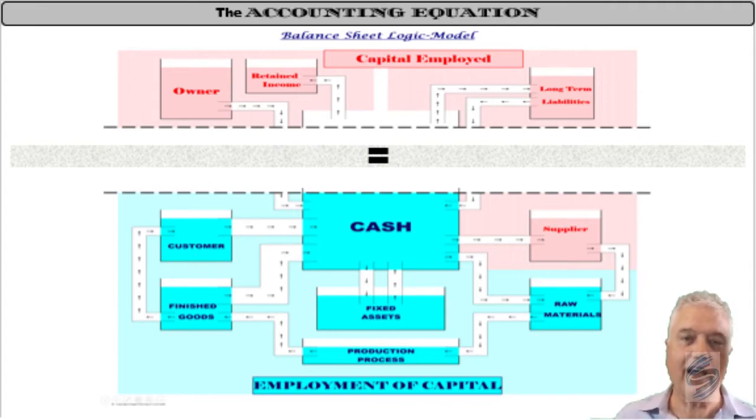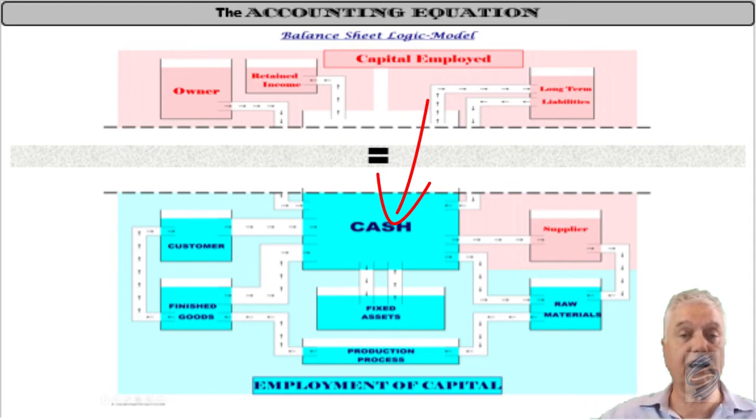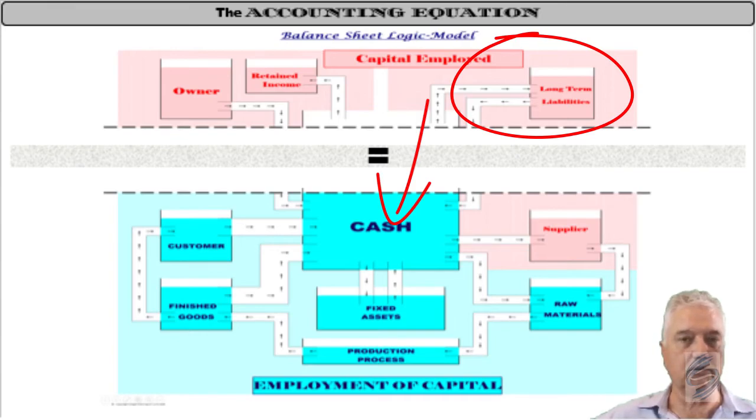If, however, I have to get more capital in, well, where am I going to get it from? Am I going to get it from the owner, through owner's equity by investing more, or am I going to get it from third parties with loan investment? And then I've got to say, well, if I'm going to get it from third parties, is there an interest element to it? And is that interest more than the additional profits I'm going to make?